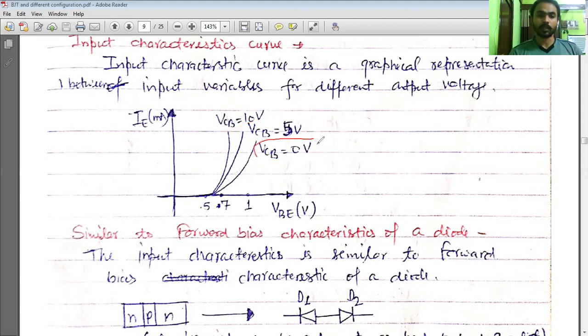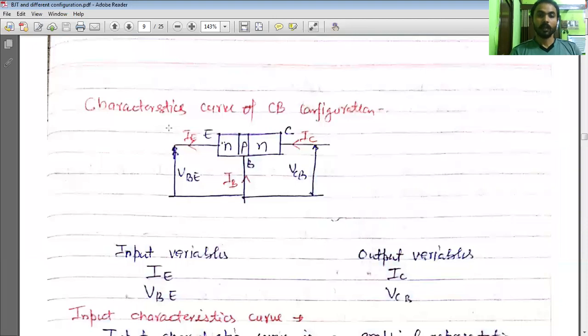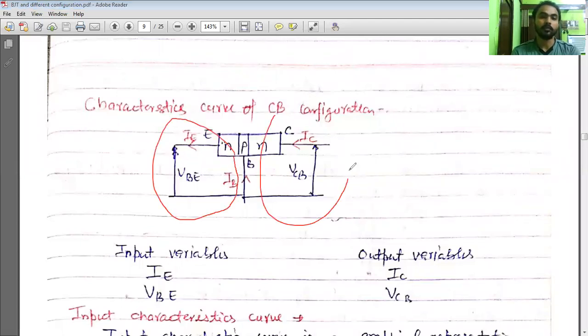We'll analyze this curve for VCB equal to 0 volt. If you see the configuration again, for the input characteristic curve, this end is in forward bias and this is in reverse bias.